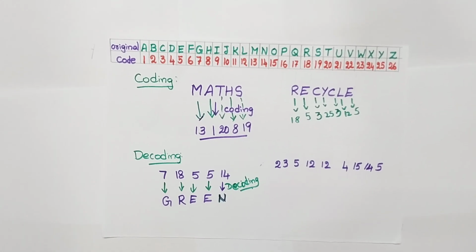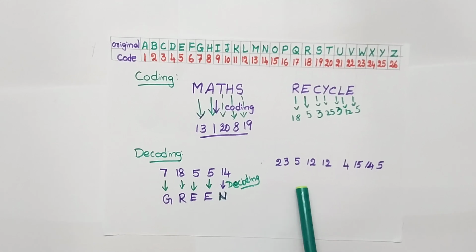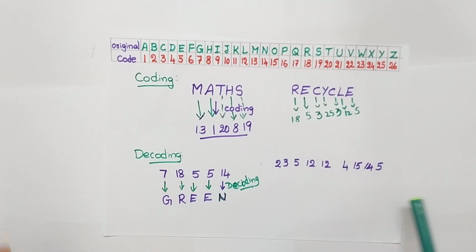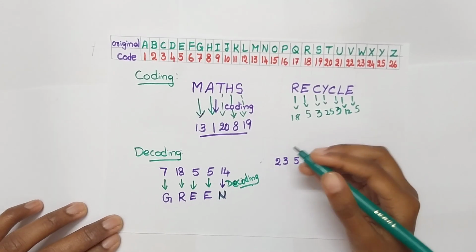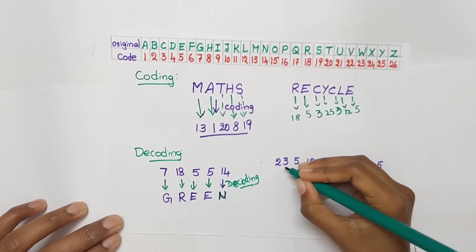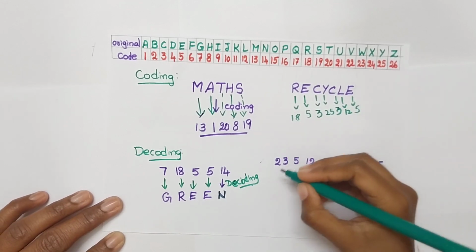Now we are decoding the numbers 23, 5, 12, 12, 4, 15, 14, 5. We have to decode these 8 numbers. Now for 23, where is 23 in the second line? Here is the 23.